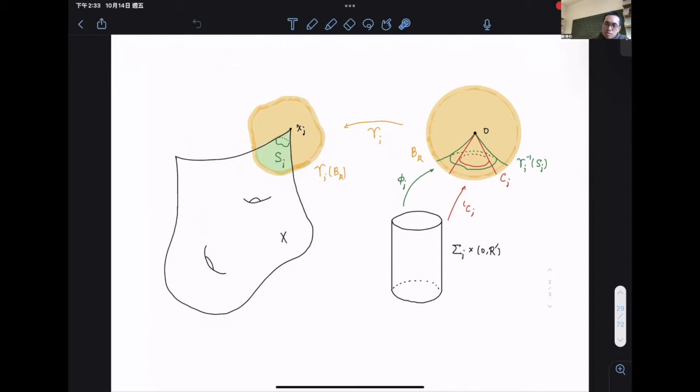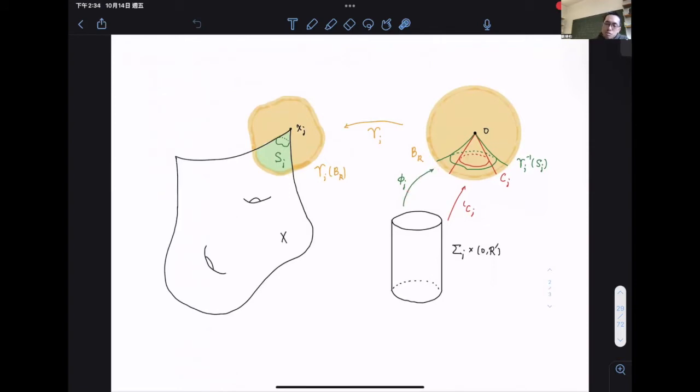So this is a picture illustrating the definition of special Lagrangian with conical singularity. Here we have a cylinder, and this x is the special Lagrangian with conical singularity. So near each singular point xj, we have an open neighborhood Sj, such that using the Darboux coordinate chart, you can see that in the Euclidean space, this Sj is just the image of some map phi j.